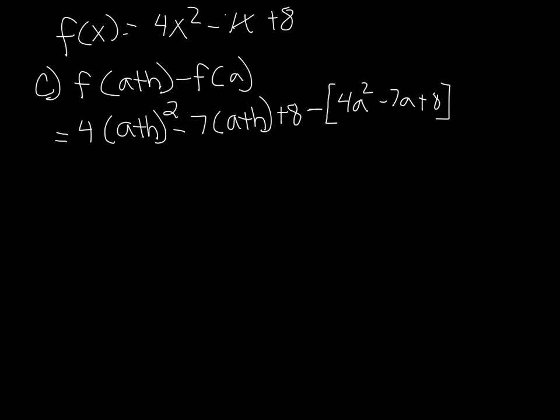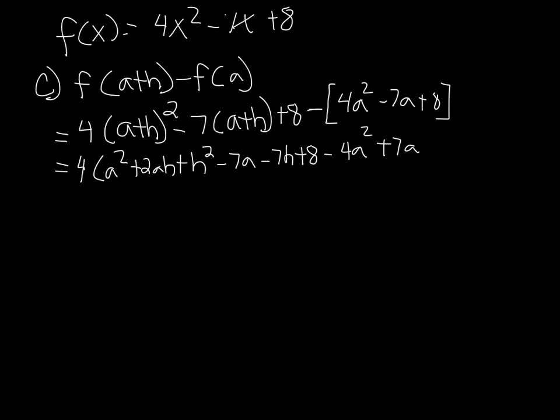And then, just like the last one, we're going to go ahead and start to simplify. So I'm going to go ahead and expand that squared term. So a squared plus 2ah plus h squared minus 7a minus 7h plus 8 minus (4a squared minus 7a plus 8).